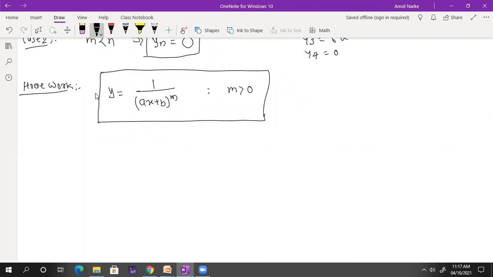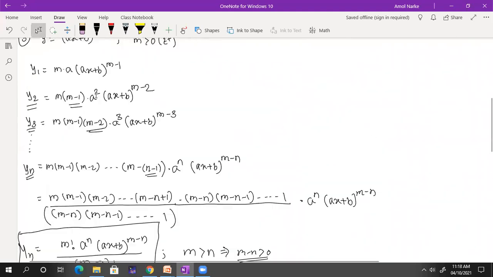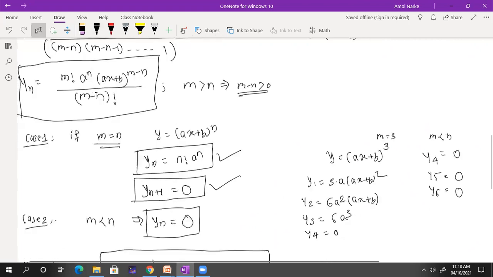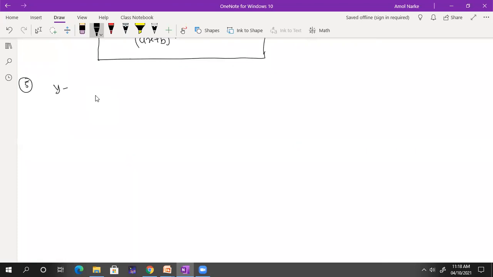Okay, so I'm going to start with my next point. If this is my third one, this is the fourth one, so now the fifth one. Y is equal to log of ax plus b. Let's find out what is y1.